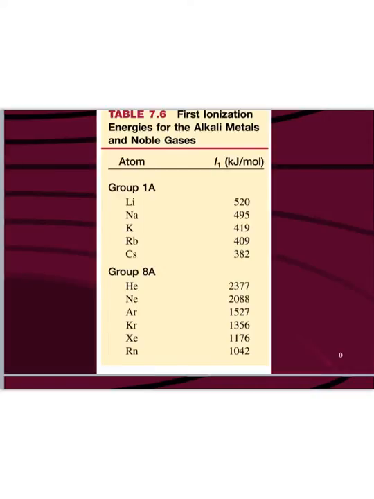But if you're comparing these ionization energies, you can see that these are much, much smaller than your noble gases. Once again, the noble gases, they're very small in size, and not only are they small in size, but they are also already stable, and they have a very strong nuclear charge. So they do not want to give up their electrons very easily.